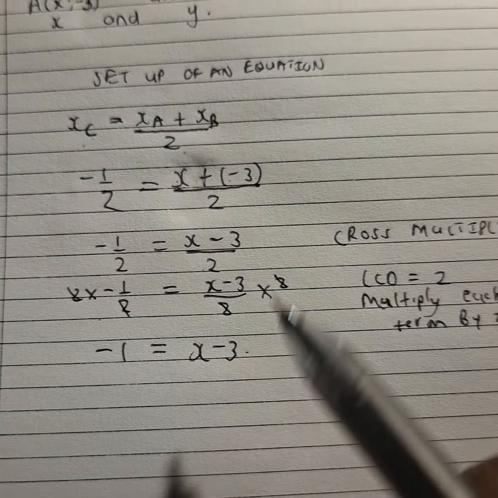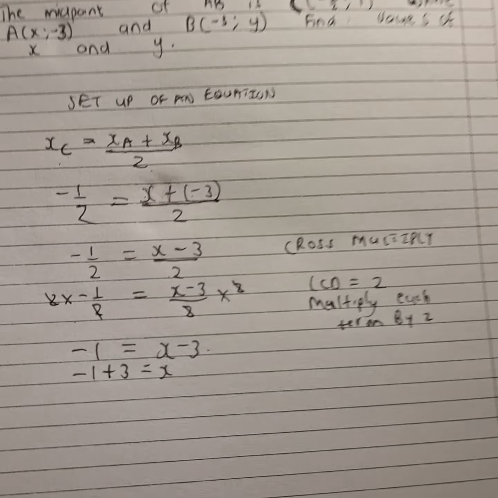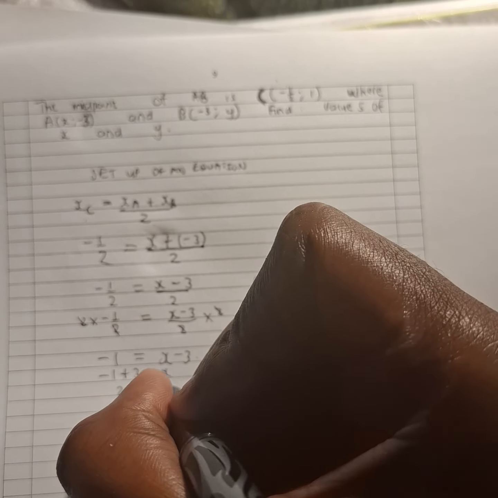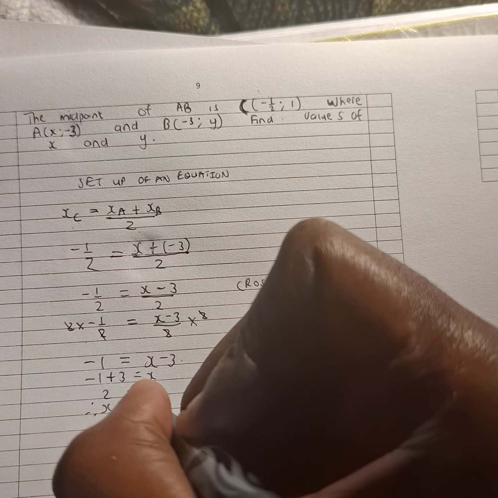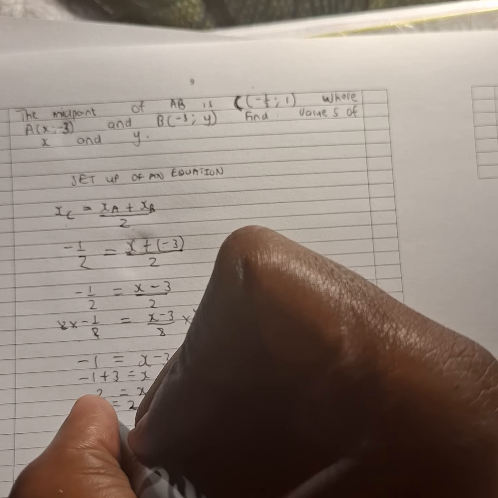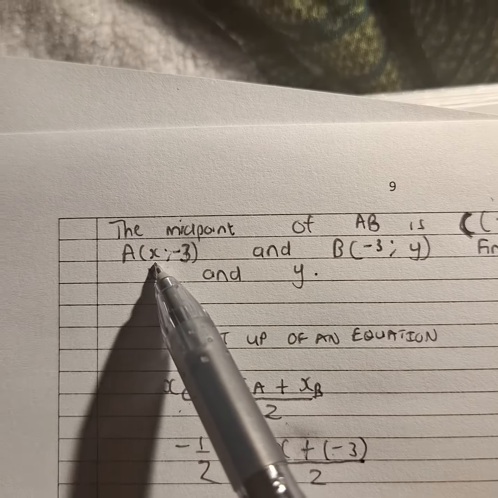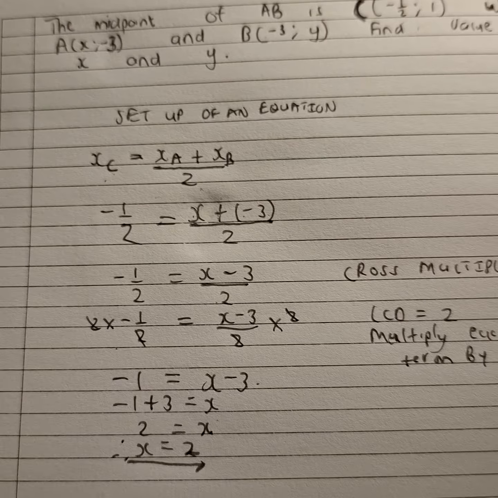I then transpose the constant term, negative 3, to the other side and it becomes positive 3. X is isolated. What's minus 1 plus 3? It is 2. Therefore x is equal to 2. That is the x coordinate of A.